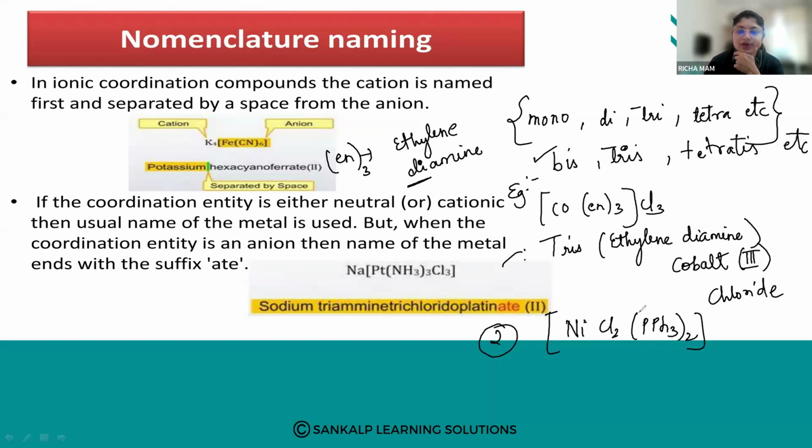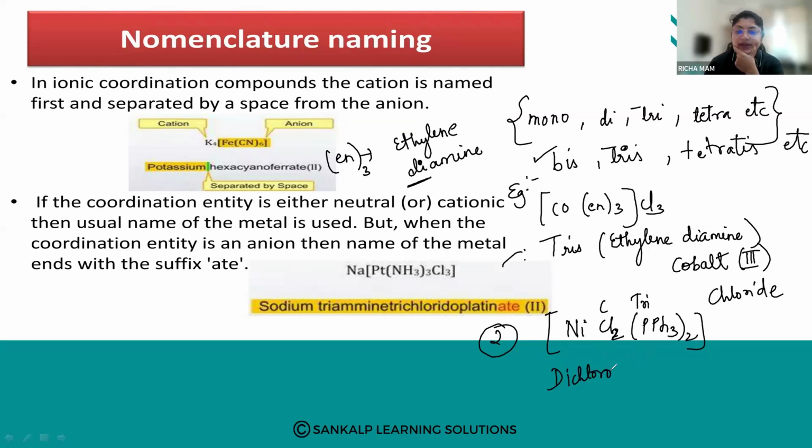First will come either triphenylphosphine or chloro. When you are using alphabetical order, chloro will come first, right? So how many chloros are there? Two chloro. So we'll write it as dichloro.